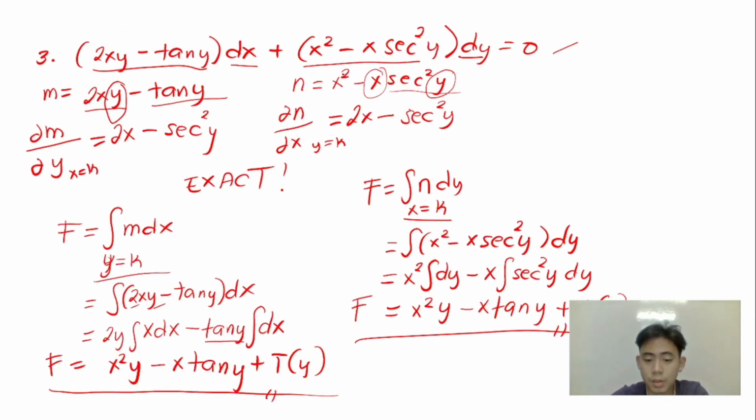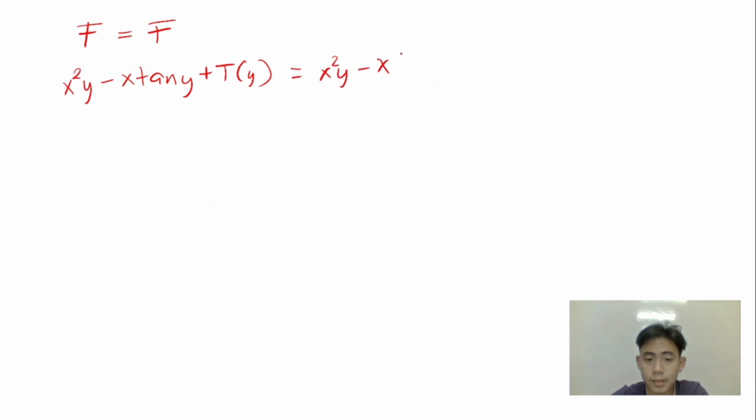Okay? So, ano nga ba ang first f natin? So, ang first f natin is x squared y, okay, minus x tangent of y plus t of y, okay, is equals to x squared y minus x tangent of y plus s of x.